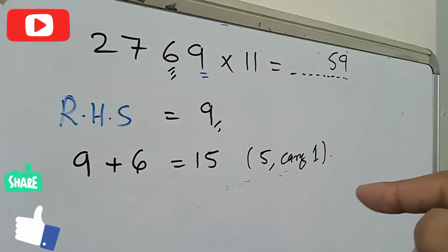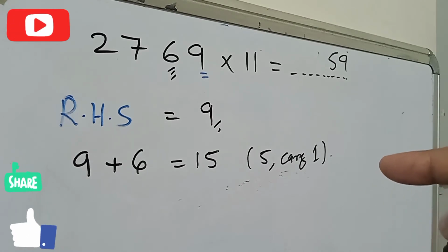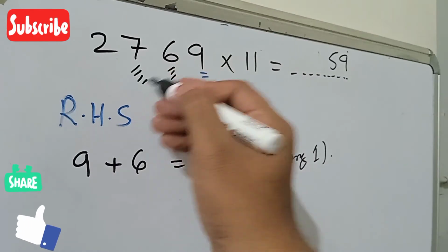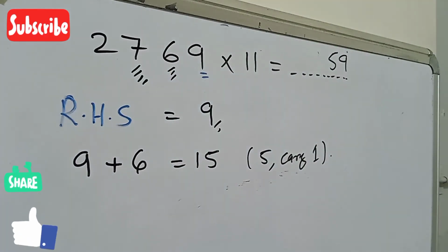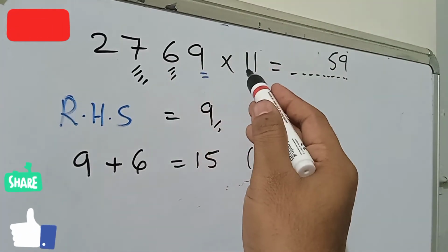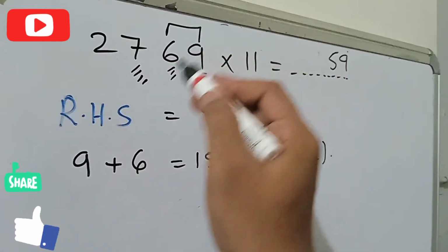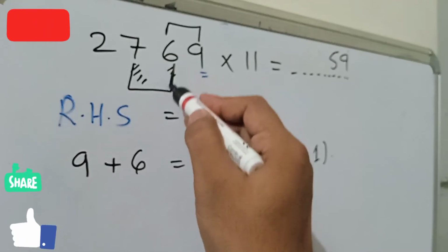In the next step, what do you have to do? You have to identify the next number. First we added this number, now go for this number.